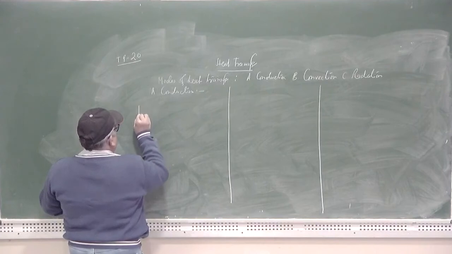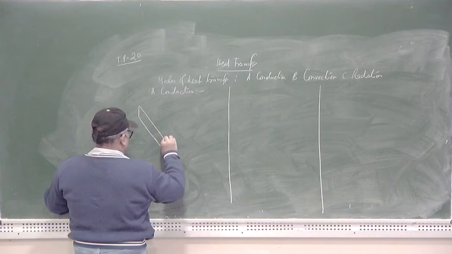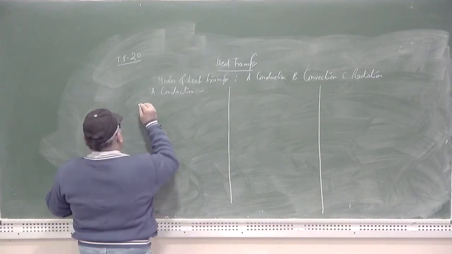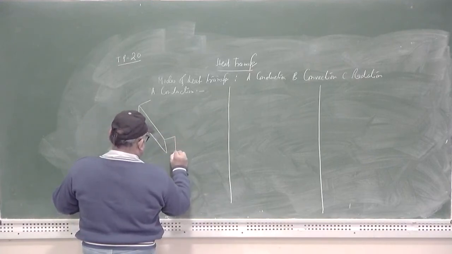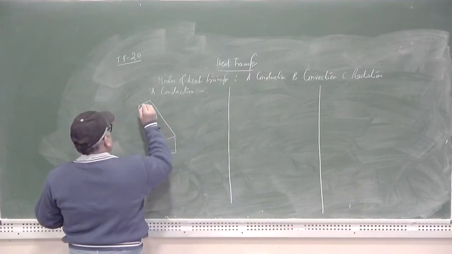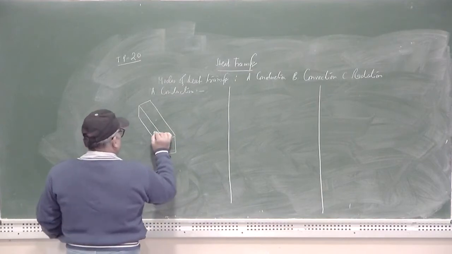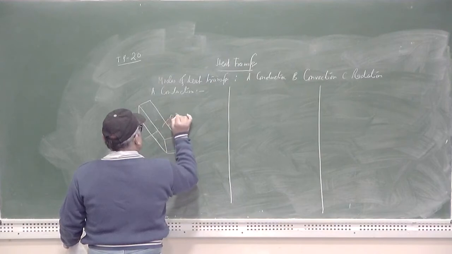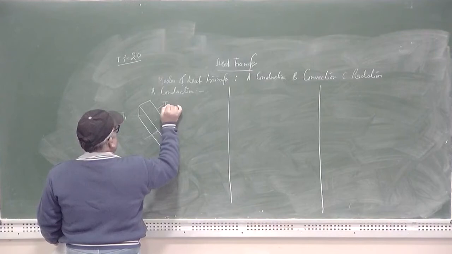Let us consider a three-dimensional body. Let us suppose this distance is delta x, this face has a temperature T1, this face has temperature T2.